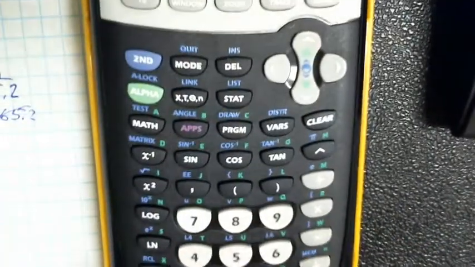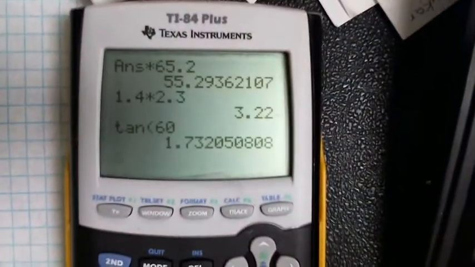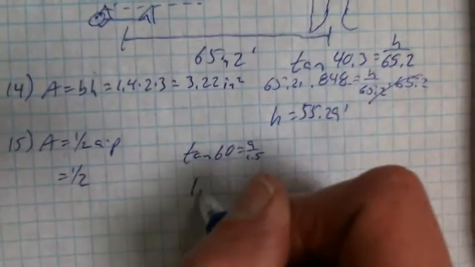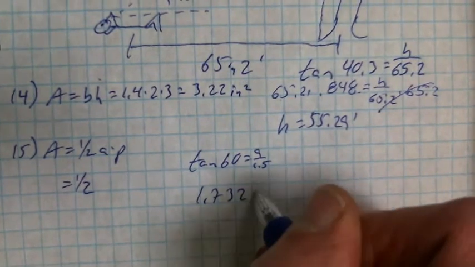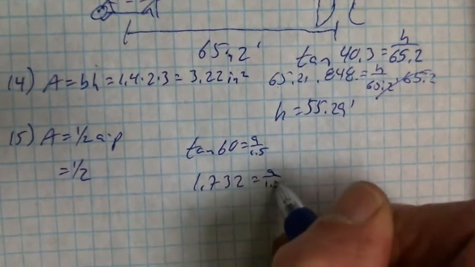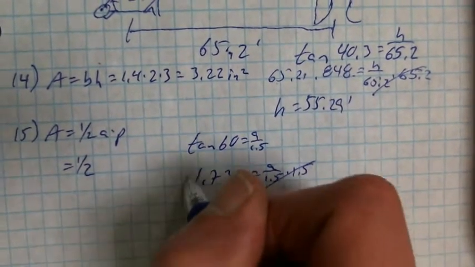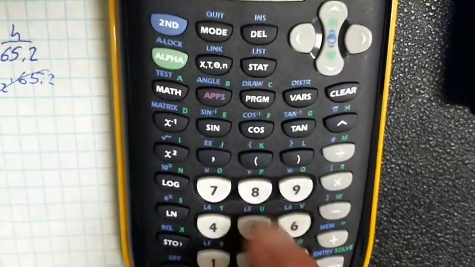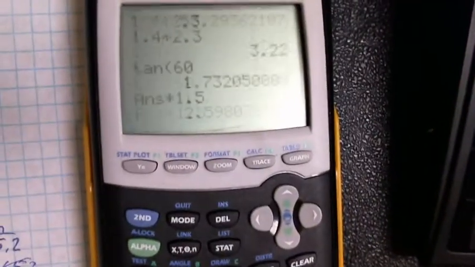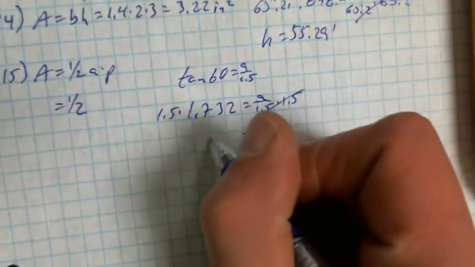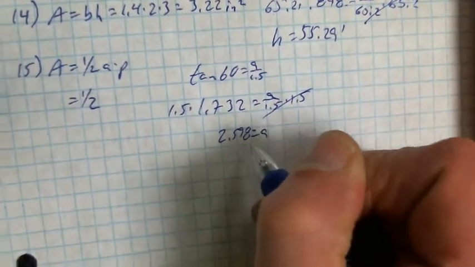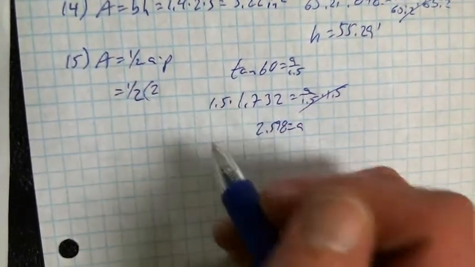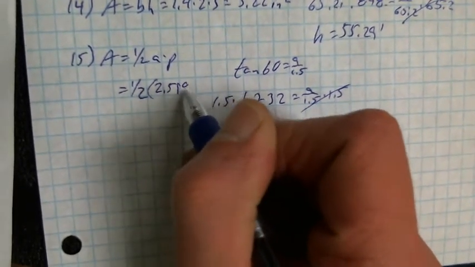Find the tangent of 60. 1.732. So A over 1.5. Multiply both sides to get rid of the denominator. 2.598. There's our apothem. And our perimeter.